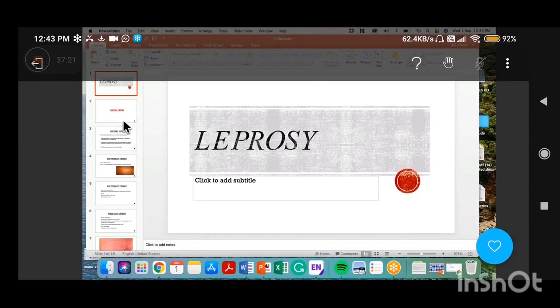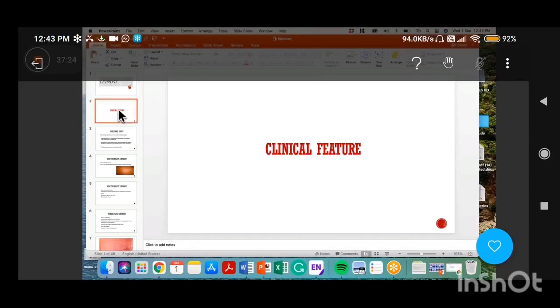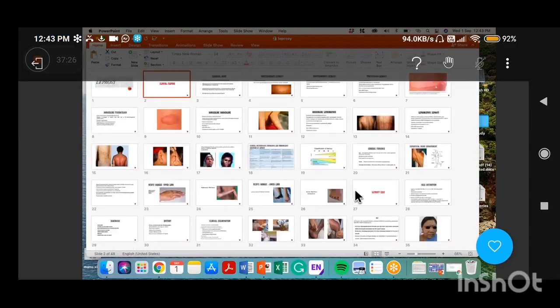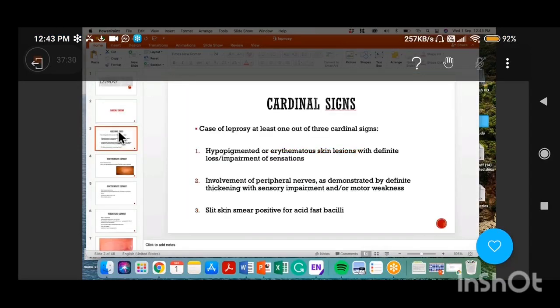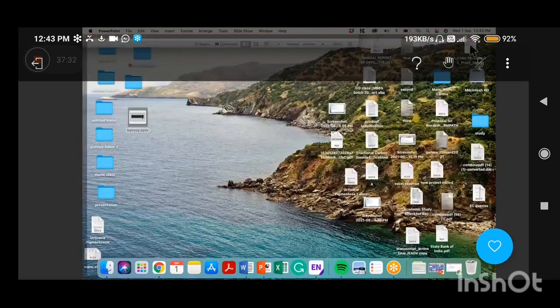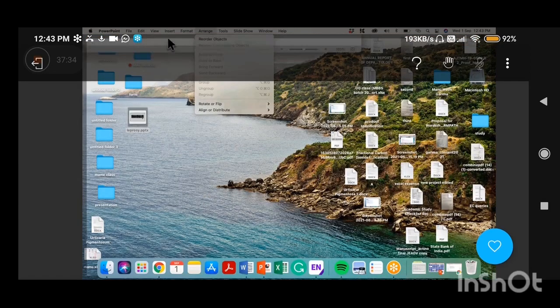Good afternoon, students. So we'll briefly discuss the clinical features of leprosy. Now, what are the cardinal signs of leprosy? Who is defined as a case of leprosy?